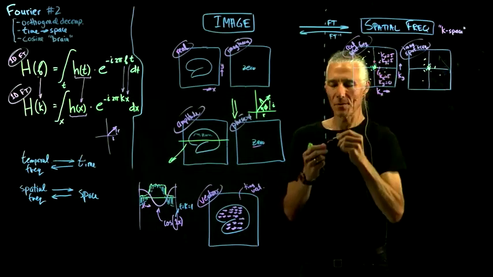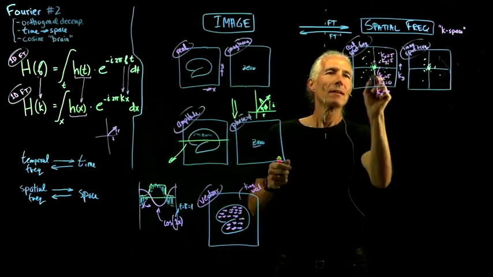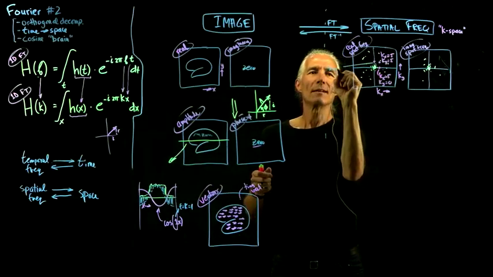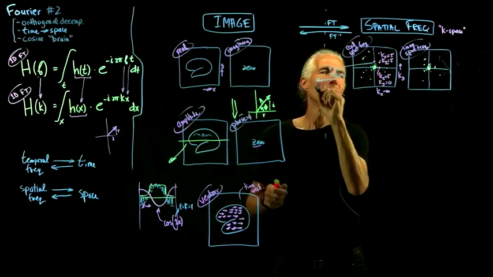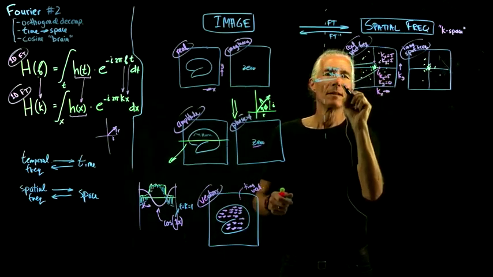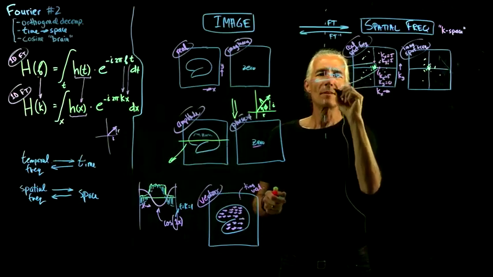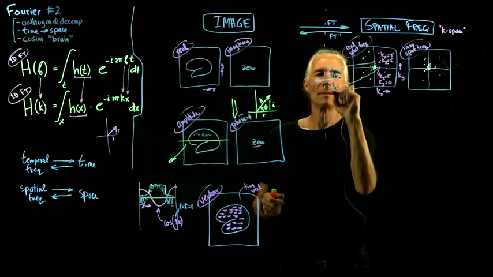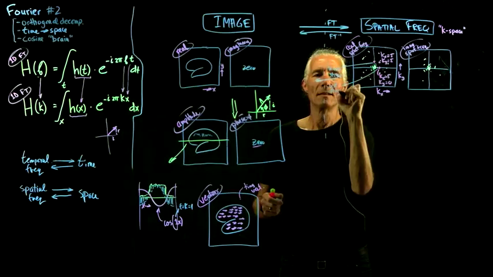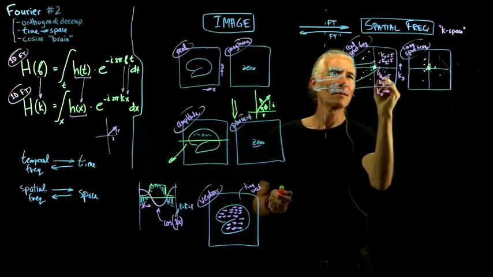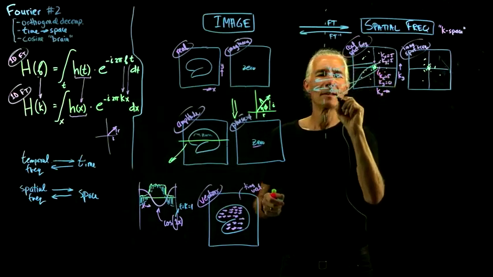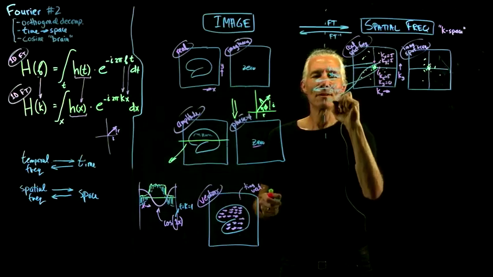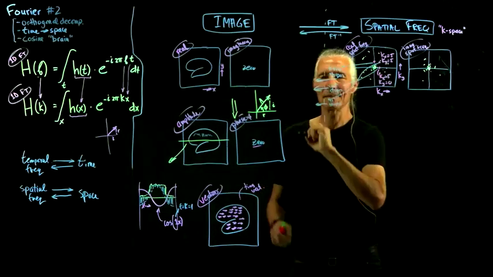So this number would be horizontal stripes back there. This one would be vertical stripes there, and then this guy would be 45-degree stripes back there.